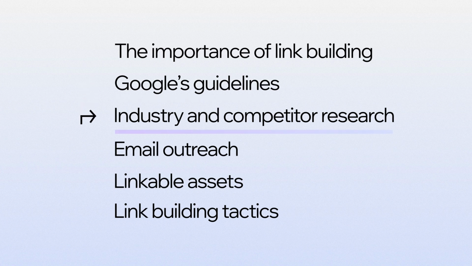You learned to research how your client's industry and competitors build links and how to find out what pages those links point to. We covered email outreach and went through different types of linkable assets that your clients can benefit from. Lastly, we learned about some link building tactics that you can start out with, from unlinked mentions to guest posts.